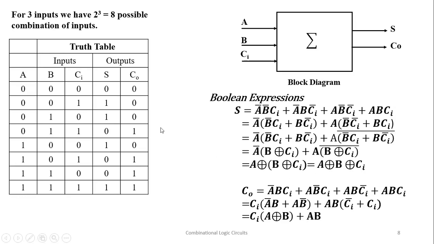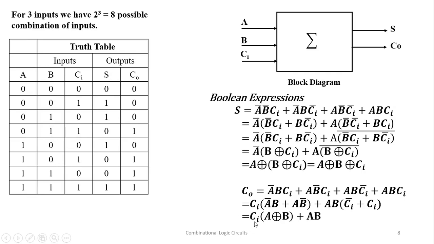For the carry out function, we have 4 ones, so we will have 4 product terms. The product terms are A bar B CI, A B bar CI, and so on.